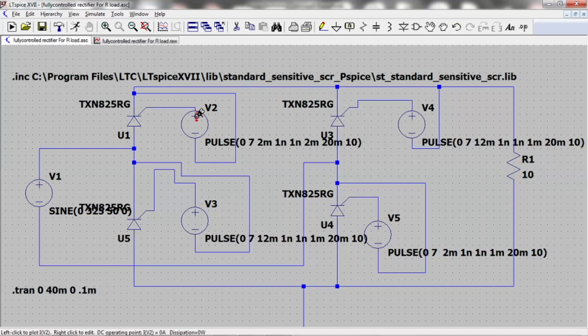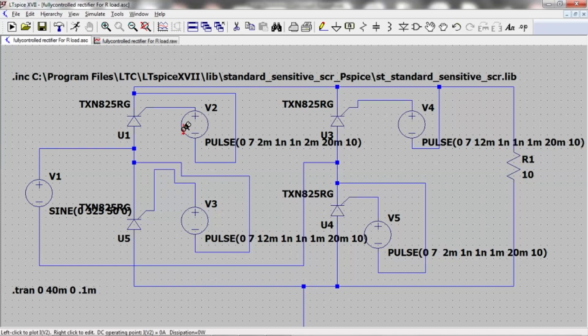If you are generating pulses from a microcontroller, one pin I am connecting here, and the ground of the microcontroller I am connecting here. Okay, if this pulse is from your RC firing circuit, or from a UJT firing circuit, as you have seen, the pulse positive I should connect here and negative should connect here. You just remember that, try to understand that.